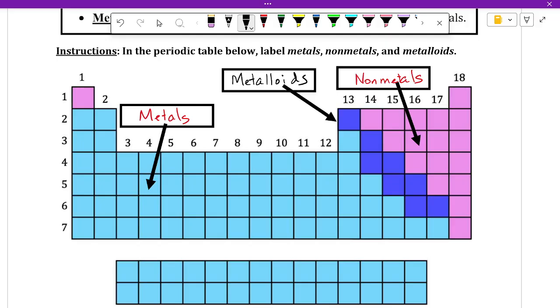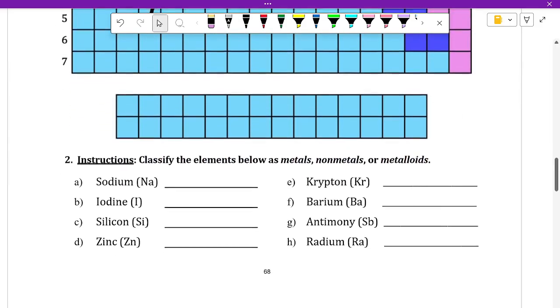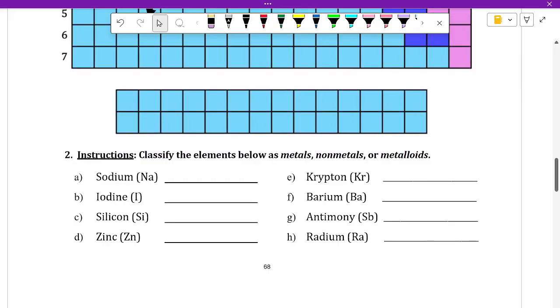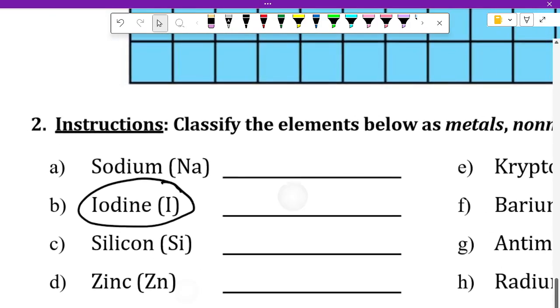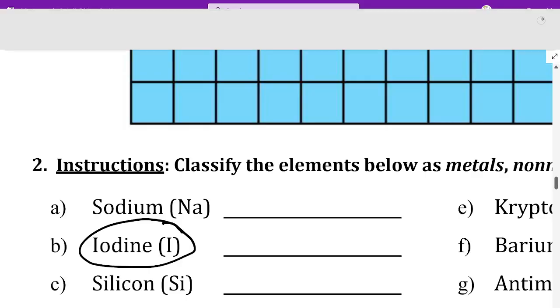And then what you're going to do is, on your periodic table, you're going to find these elements. Now, let me tell you, if you have trouble finding an element, if you're like, I do not know where iodine is, let's do iodine together to make it easier for you. Okay, so we're going to go to our periodic table.